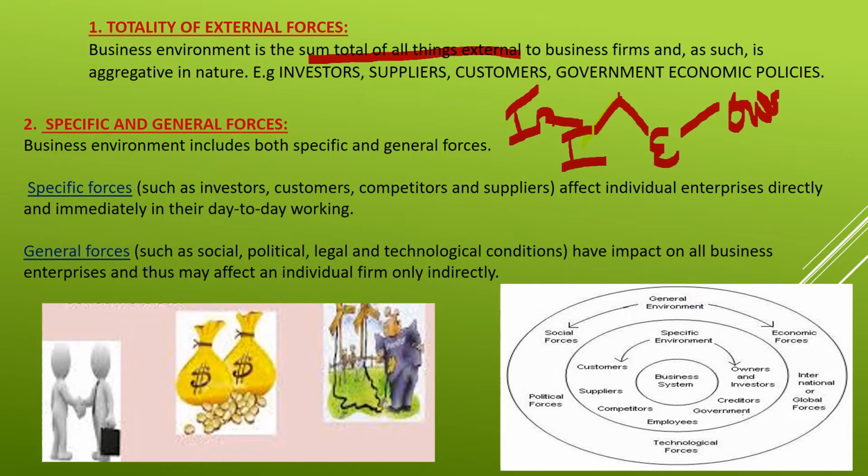Your specific forces refer to your customers, your suppliers, your competitors. You're being very specific in dealing with your goods. When manufacturing goods, you keep in mind the customers, the competitors, and the suppliers, because these are the middlemen who help to sell your products.